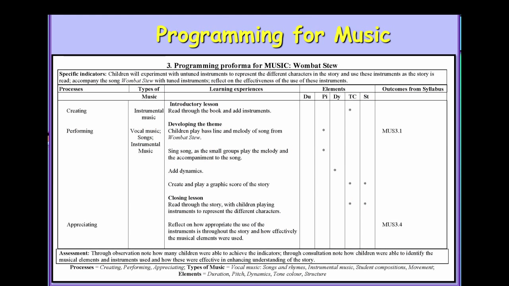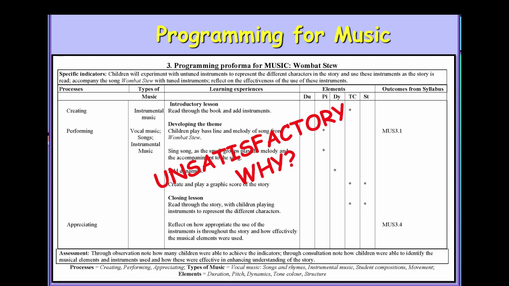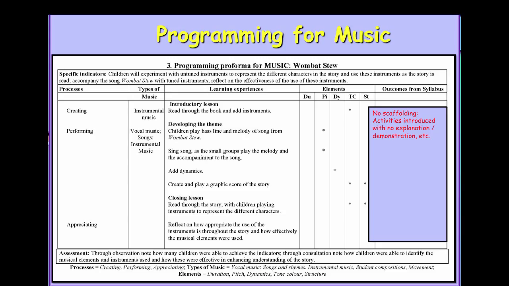Here's a program for music based on the book Wombat Stew. It looks a little sparse, and this would be marked very unsatisfactory. Why do you think that is? I'm sure you've realised there's no scaffolding. When the activities are introduced, there's no explanation or demonstration.